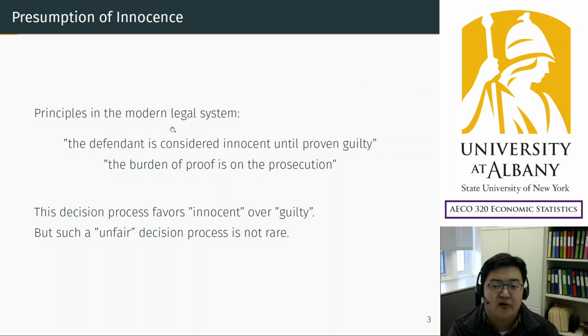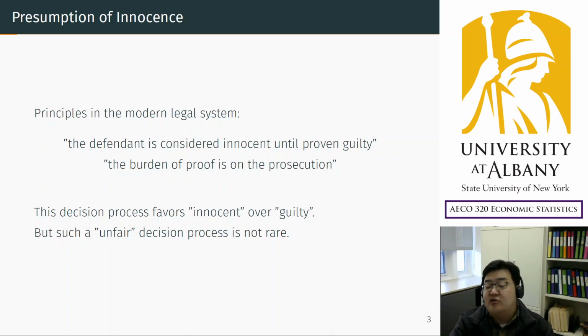So you have heard about these principles. The defendant is considered innocent until proven guilty, right? The burden of proof is on the prosecution, or the benefit of the doubt goes to the defendant, right?